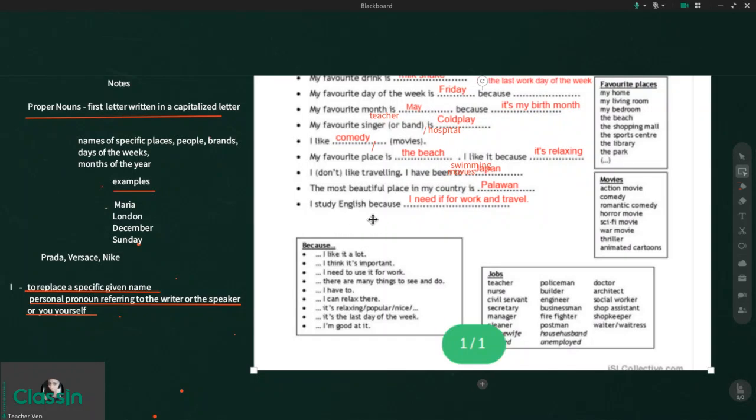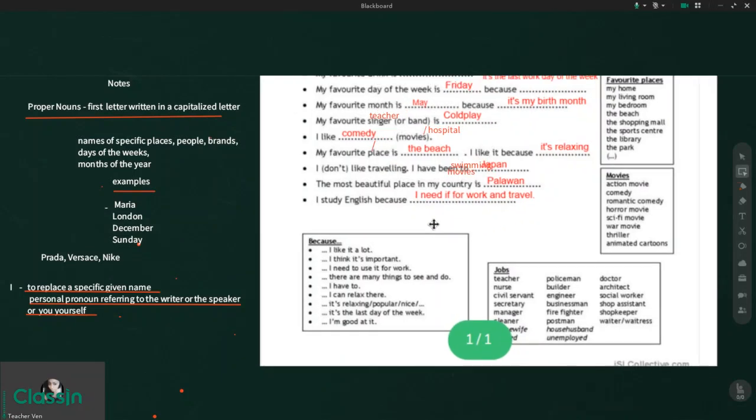Let's move on to our last sentence here. I study English because. So what's the reason why you are studying English? Okay, in this example, I need it for work and travel. For example, you want to work in another country, maybe in an English speaking country like the United States of America, or maybe in London, or in England, right?